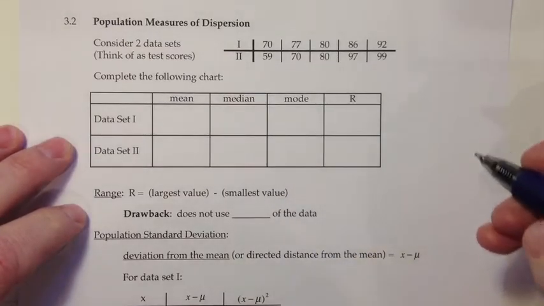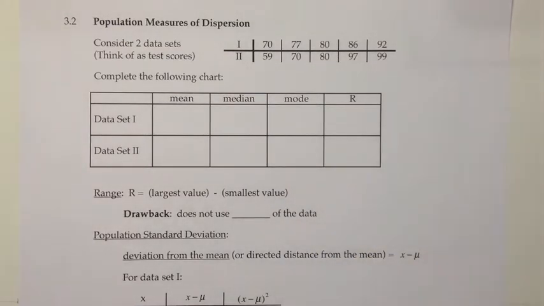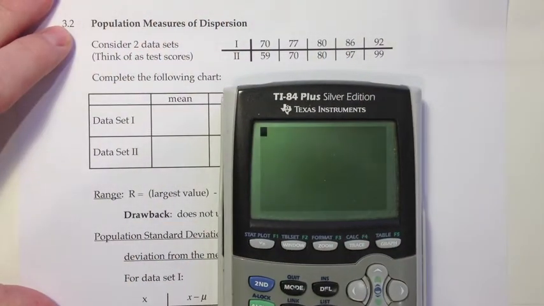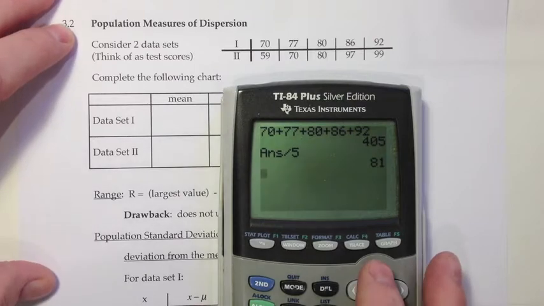Actually, it's pretty short. We'll just go ahead and do that on the calculator real quick. For data set 1, we'll add up those numbers. We get 405, and then there's 5 numbers, so we'll divide that by 5 and we get 81.